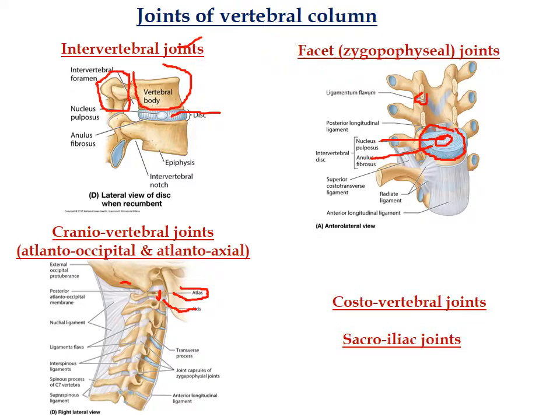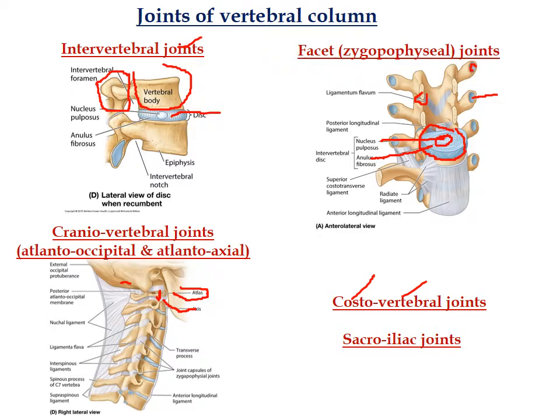Then the next one, costovertebral joints. Costo means rib, so between the rib and the vertebral column, the head of the rib articulates with the body. That is the costovertebral joint. Also we have the costotransverse joint, where the transverse process of the vertebra articulates with the rib. This is the facet for that.